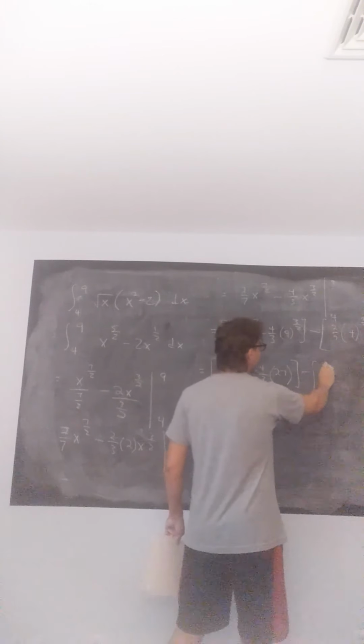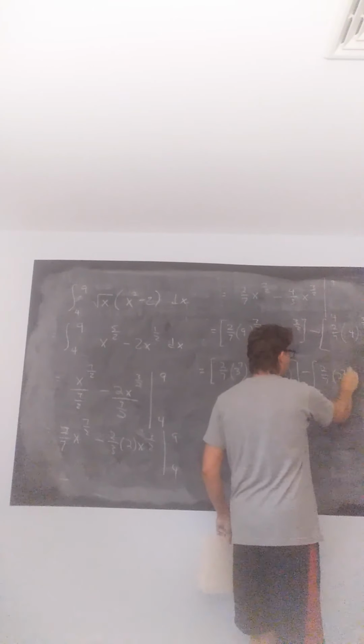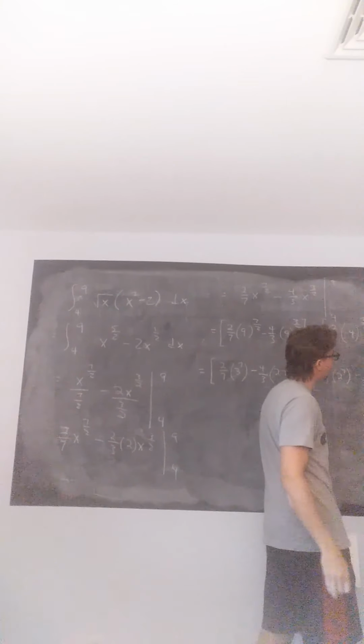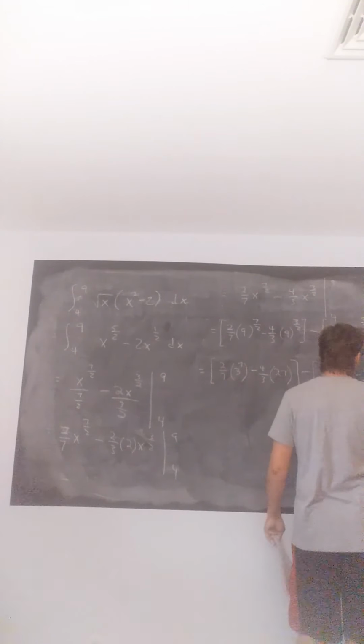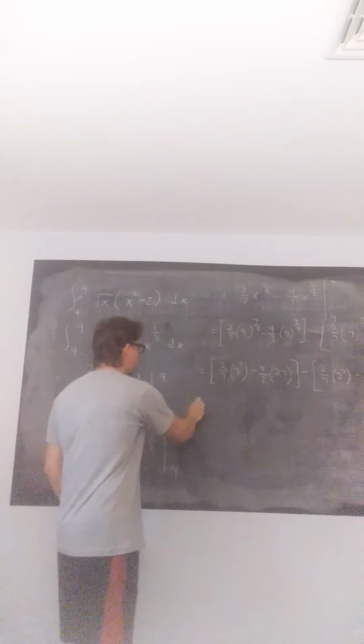Minus, over here it says 2/7 times 4 to the 7 halves, so that means you have the square root of 4, which is 2, raised to the 7, so that's 2 to the 7th, minus 4/3 times 4 to the 3 halves. The square root of 4 is 2, 2 cubed is 8, so I'm going to write that in readily as 8. Now when you go through this, just be careful because you have that minus in between.